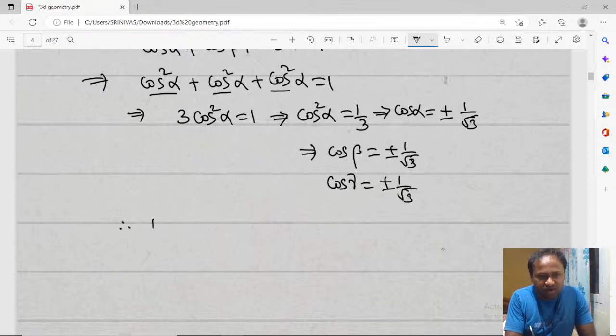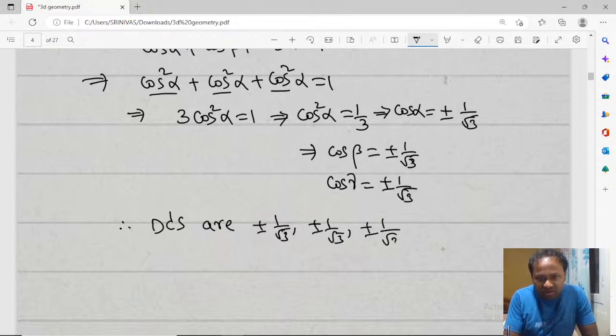So therefore DCs are plus or minus 1 by root 3, plus or minus 1 by root 3, plus or minus 1 by root 3. So these are DCs. This is a very important previous question and you have to follow. If there is any doubt you can ask me. I will explain once again also.